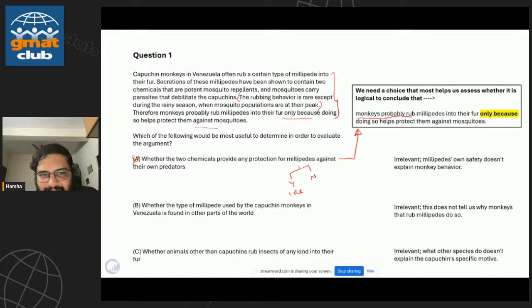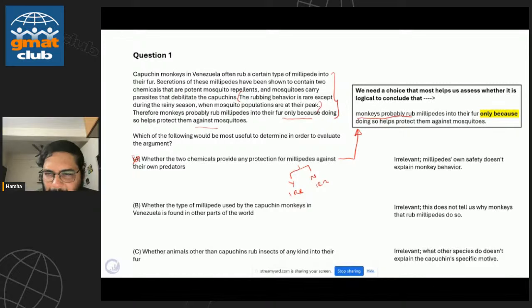Even if yes, those chemicals provide protection for the millipedes themselves, why are the monkeys rubbing the millipedes into the fur? Is it for mosquito protection? We don't know. And likewise, even if these chemicals don't provide any protection to millipedes, are the monkeys using that for protection against mosquitoes? We don't know, right? That's about it.